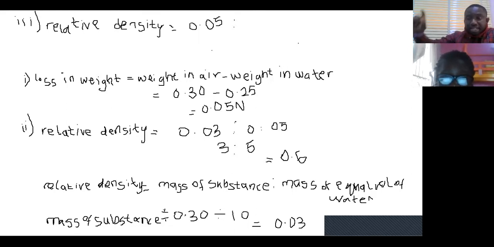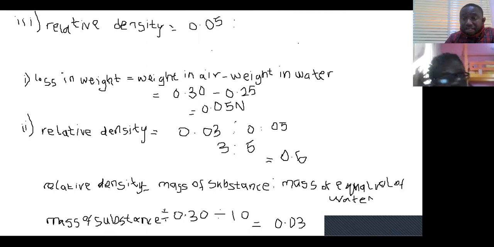This body weighs 0.3 in air. Remember, I told you that when we come to water, our weight decreases. So when the body was out of water it was 0.3, and when it came into water it started weighing 0.27.